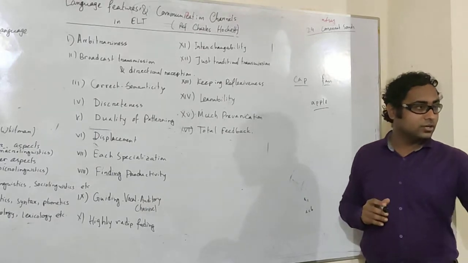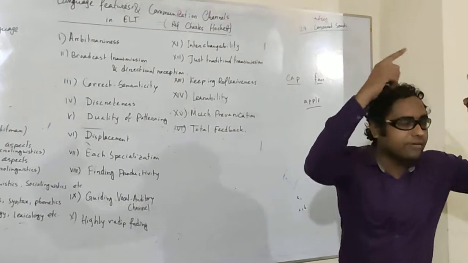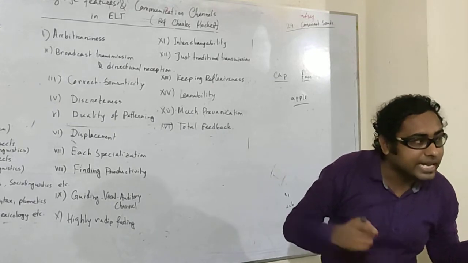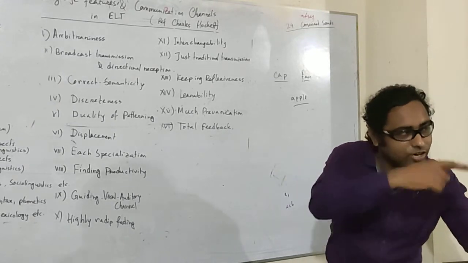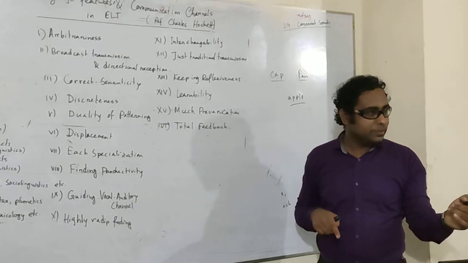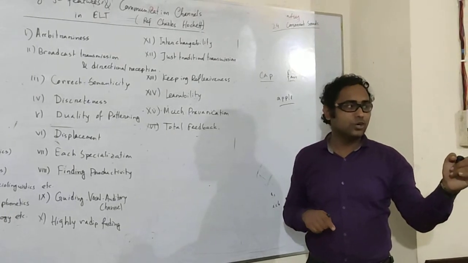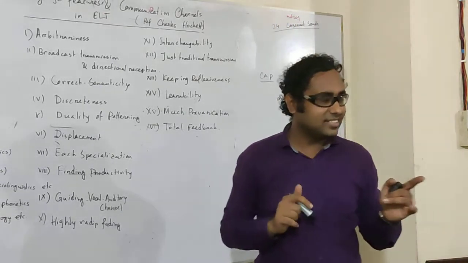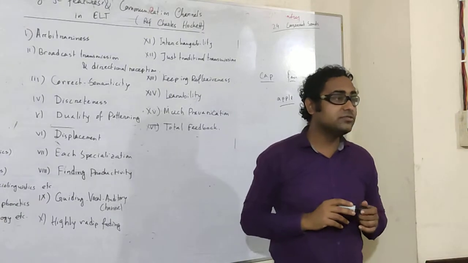That's why you understand. Just close your eyes and think about a cat. You understand. But in French, cat is not cat. In Arabic, cat is not cat. It has got another word. In Bangla, it has got another word. So it means that language is arbitrary. When the word changes, everything changes. It is called arbitrariness.